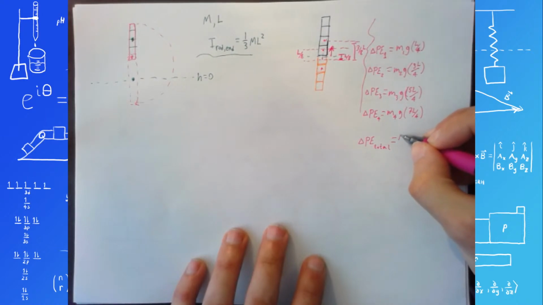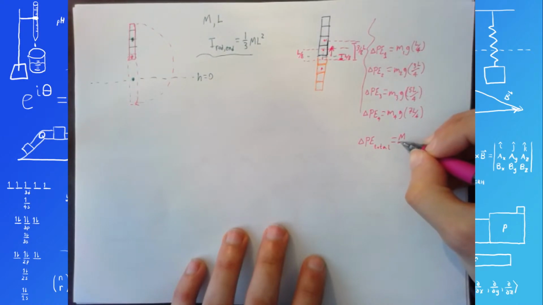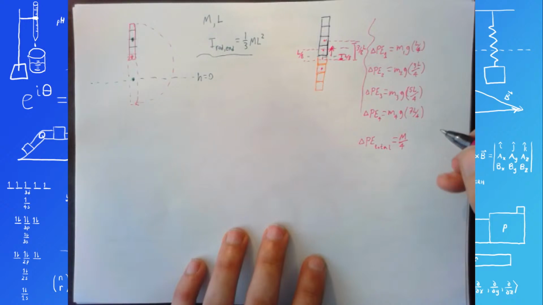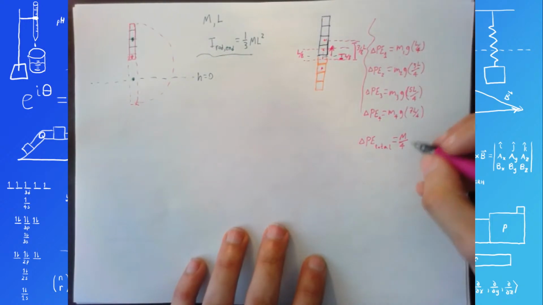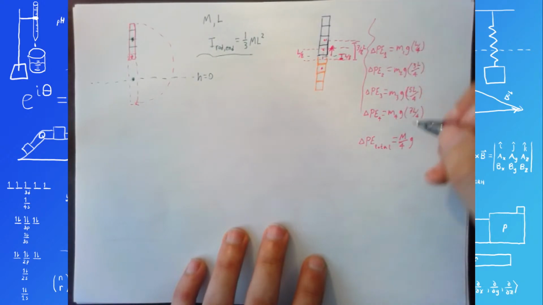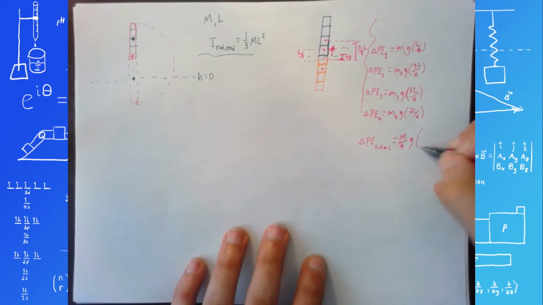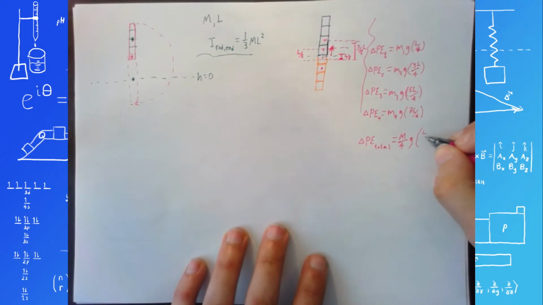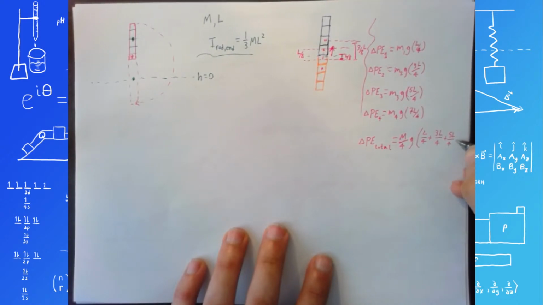So we have big M over 4 times G for each of these, so that is factored out, times the sum of L over 4 plus 3L over 4 plus 5L over 4 plus 7L over 4.